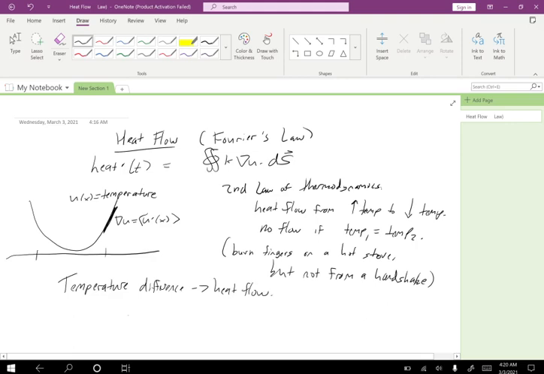So let's go back to our diagram of this parabola that I drew, because that's a good illustration of how it's heat flow. And if we look at this boundary point, I'm just going to zoom in, if you don't mind.